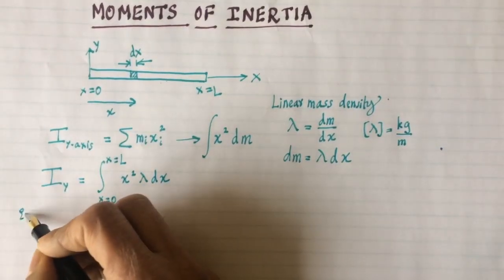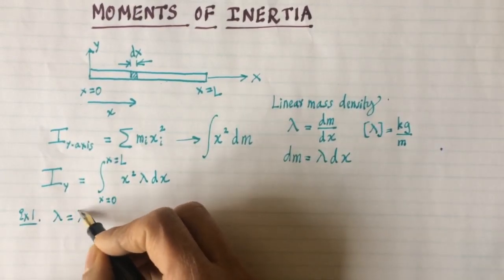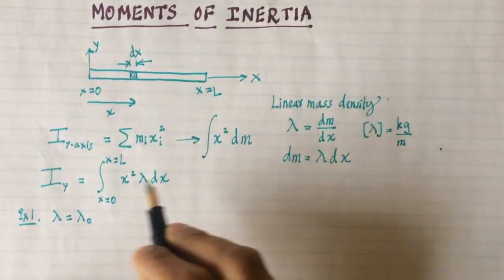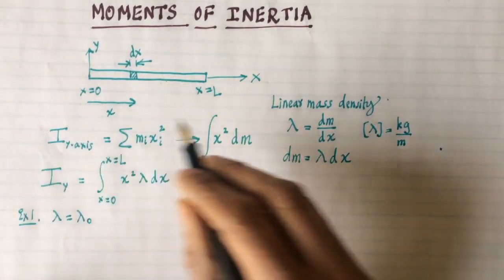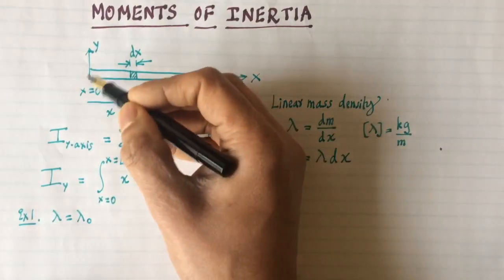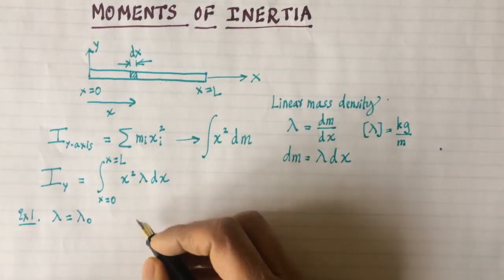So here's example 1. Let's try the case where lambda equals lambda naught, which means it's a uniform rod, nothing changing. For example, the aluminum rod that you had in your lab is a good example. It was a uniform cross-section throughout and nothing changed. So let's try that.